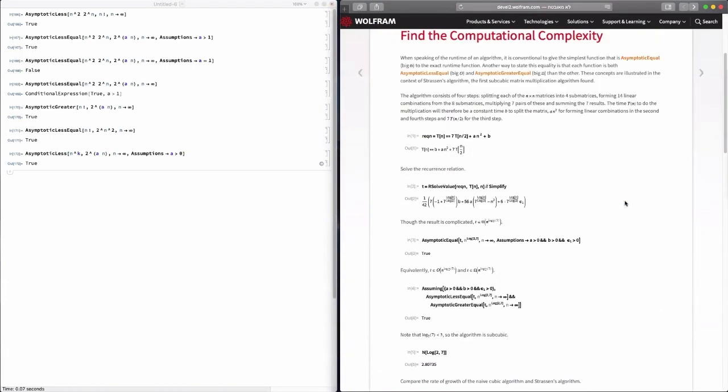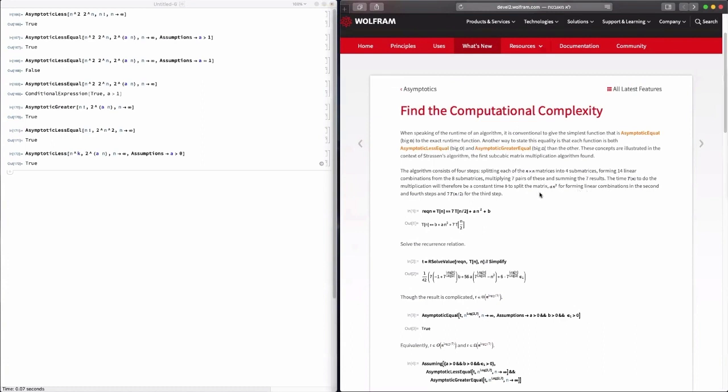Our second example is about finding the computational complexity, and it uses the Strassen algorithm for fast matrix multiplication. It was the first subcubic matrix multiplication algorithm found. So you split up your matrix into 4 submatrices, you form 14 linear combinations, you multiply 7 pairs, and then sum the 7 results.